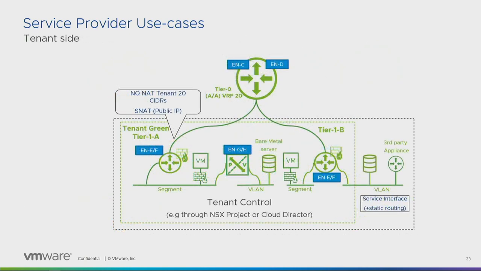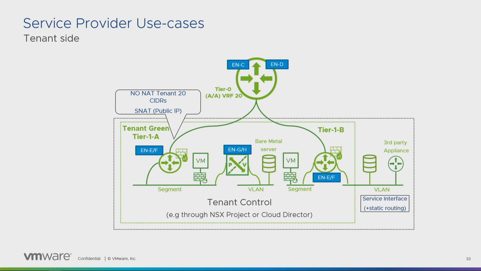So last one, how to stitch it together from the tenant perspective. In this situation, we have a tier 1 for customer green on this side, and on the opposite side. So what is happening here on top? There is the same T0 VRF for customer green, and this T1 on this side has a public IP connected.